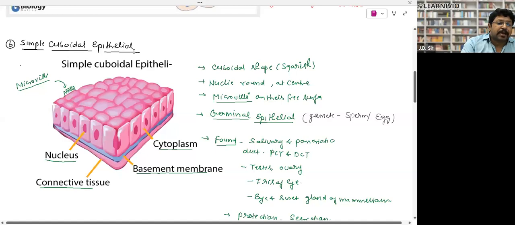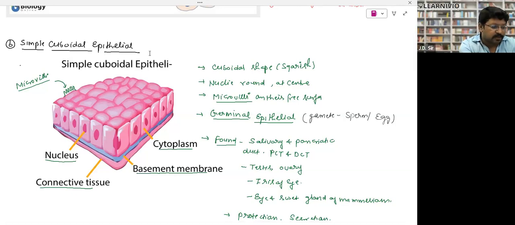Next, the second one is simple cuboidal tissue. They are called cuboidal tissues because their shape is cube-like. Look, you can see they are just cube-shaped structures. The nucleus is present at the center.